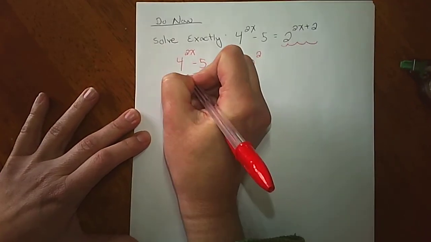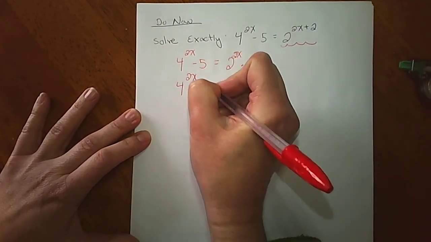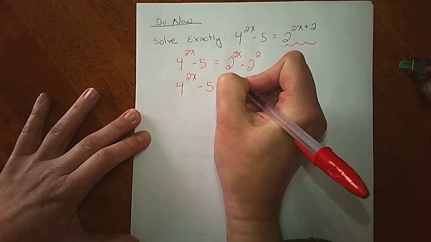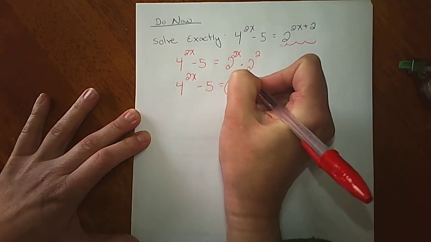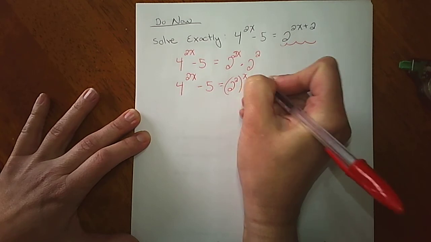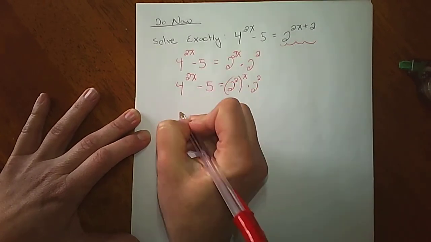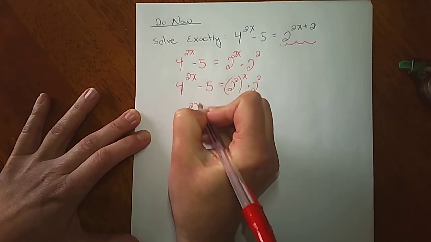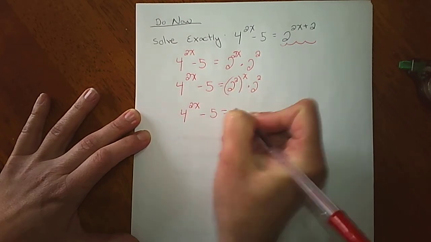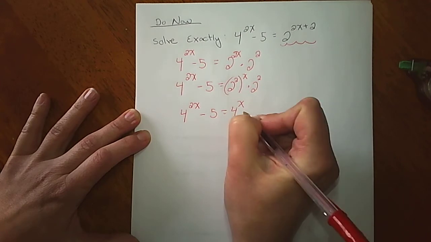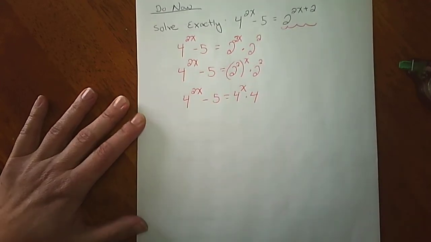So this is 4 to the 2x minus 5. This would be the same thing as saying 4 squared to the x times 2 squared. Well, what is 2 squared? This would be 4 to the x times 4.